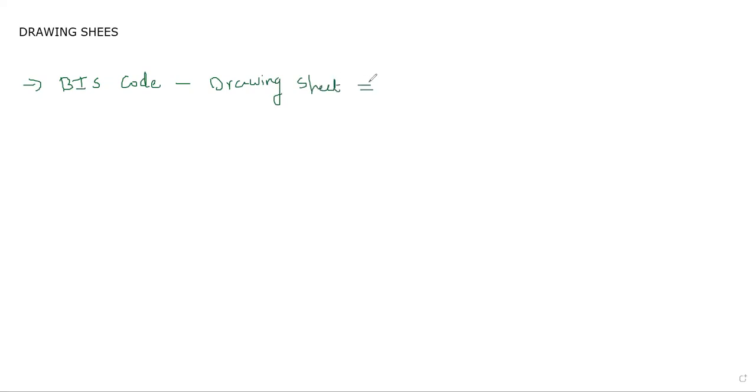So what is the BIS code? It is denoted by SP, then put one colon, 46 hyphen 1988. It may be asked in an MCQ type examination.